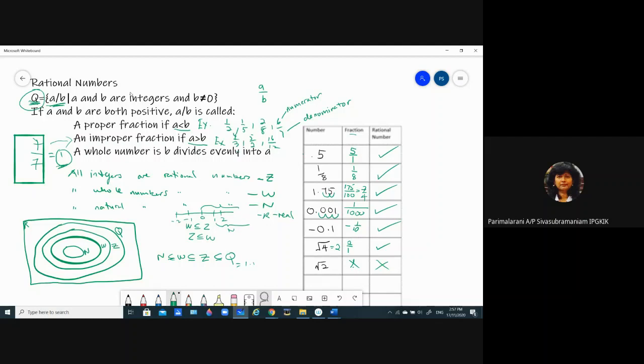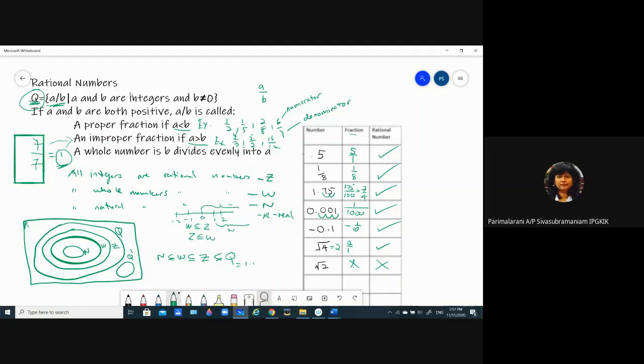So later you will learn that there is another set of numbers, called Q prime, the irrational numbers. From this diagram we know that all real numbers consist of rational and irrational numbers. So all numbers can be categorized into two, rational and irrational.